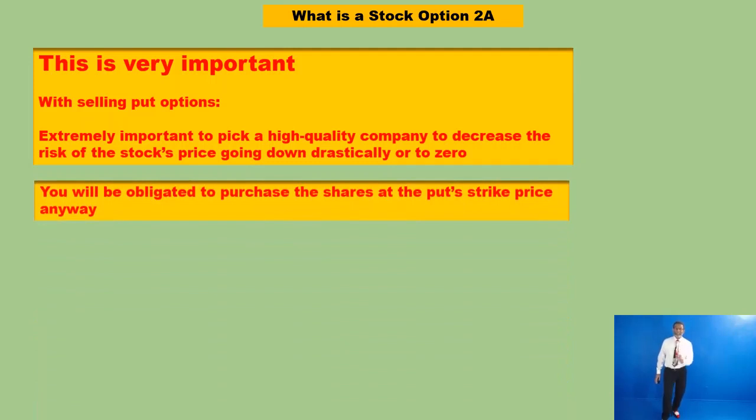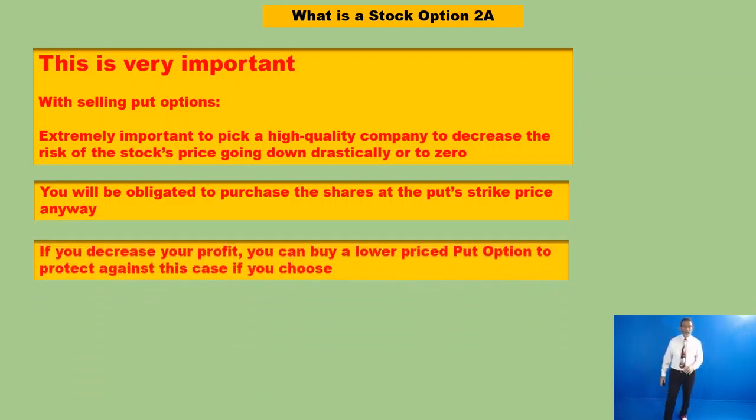Because with selling cash secured put options, you are guaranteeing to buy that stock anyway, if it goes down to zero, or below the strike point, or just to the strike point. So it's very important to pick a stock that you love, that you have confidence in, that is a high quality stock.